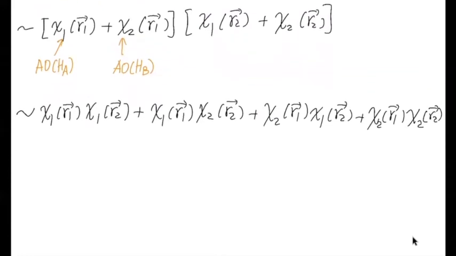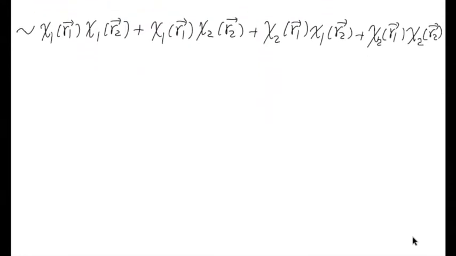Now, let's look at the physical picture. So this is the spatial part of the restricted Hartree-Fock wave function in terms of the atomic orbitals. What does this first term mean physically? It means R1, the first electron, is on the first atomic orbital.